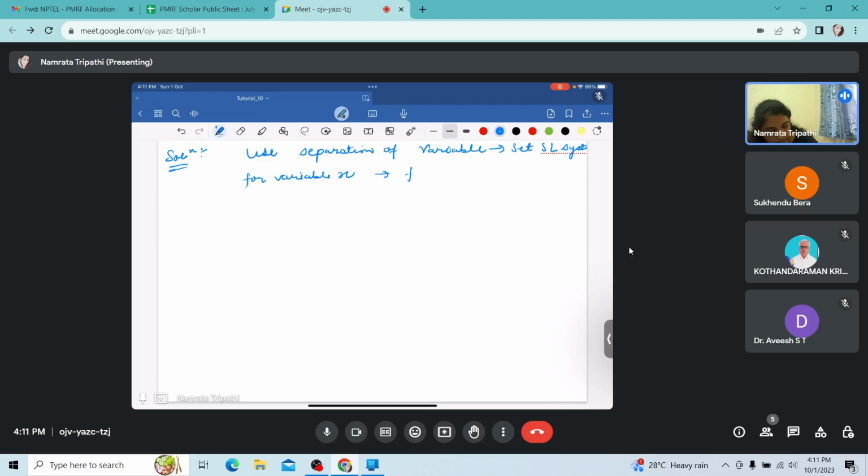Find eigenvalues. These are the steps. And eigenfunction.